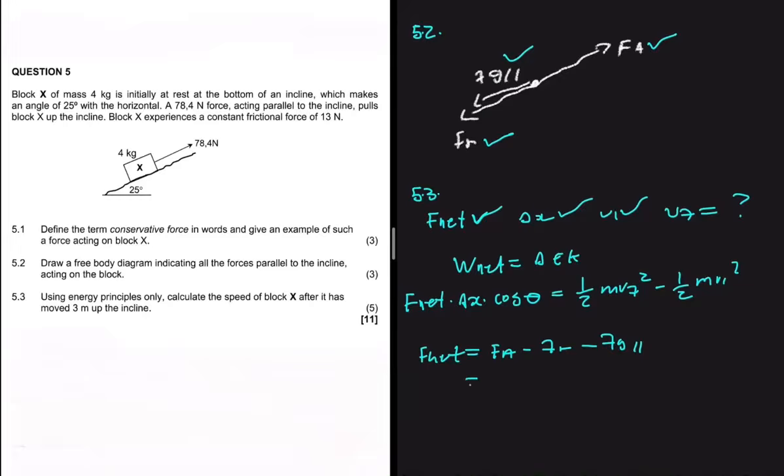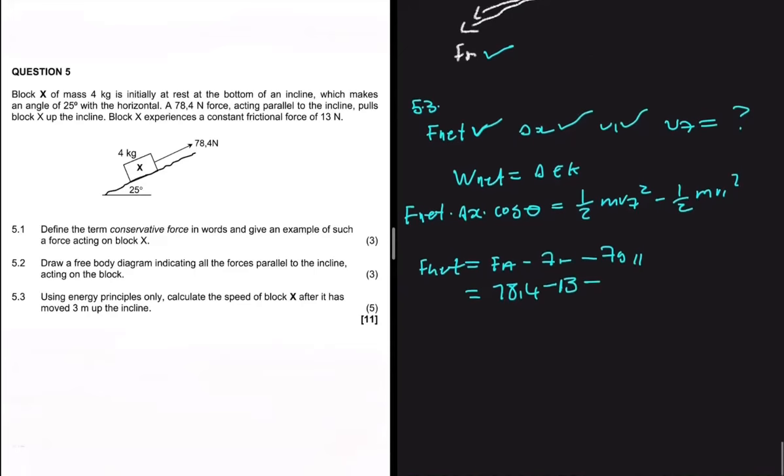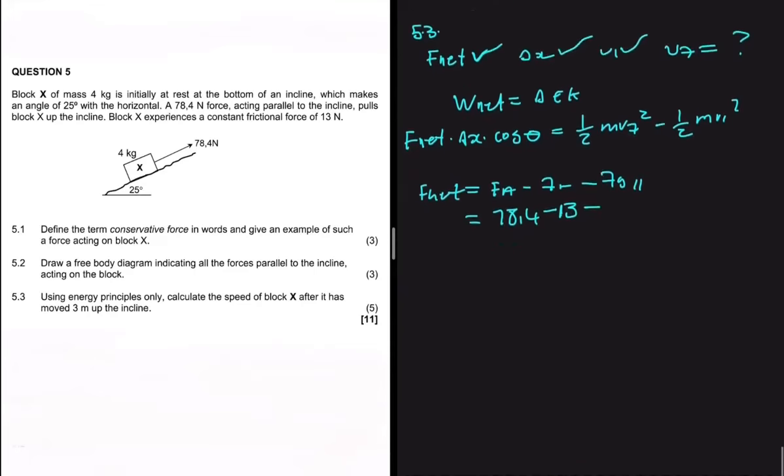The applied force is 78.4, and the frictional force is 13 newtons, right? Now we need to find Fg parallel. The formula for Fg parallel is mg sine of theta, right? So what is the mass of our object? That is 4 kg multiplied by 9.8 multiplied by sine of 25, right?